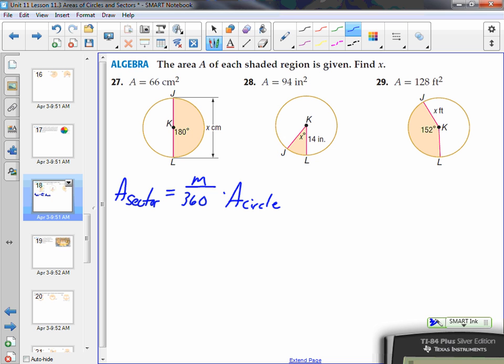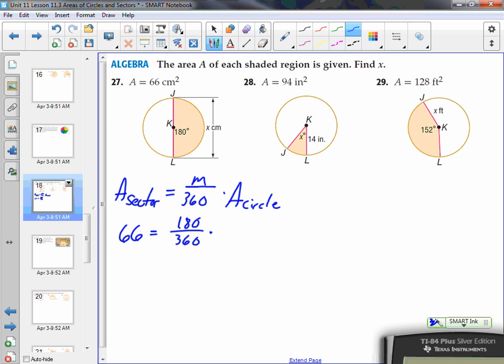The area of the sector is 66 square centimeters. What's the measure in degrees of the central angle that makes our sector? 180. So I'll put 180 over 360. But we could have bypassed that. When we see that it's a semicircle, we could have just written half, right? So 180 over 360, which I'll change to a half, times the area of the circle.